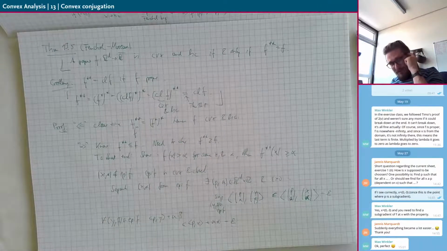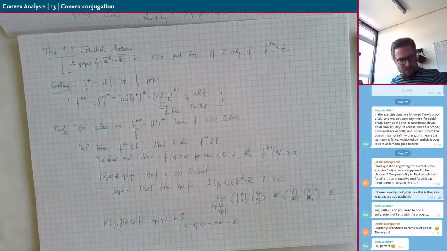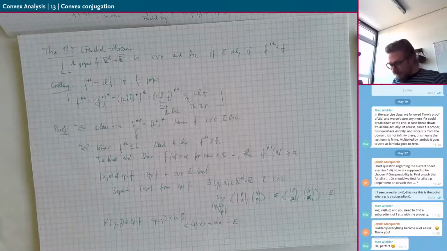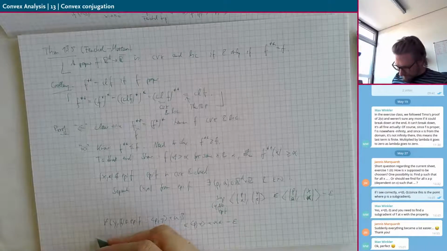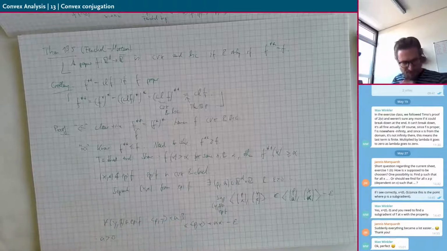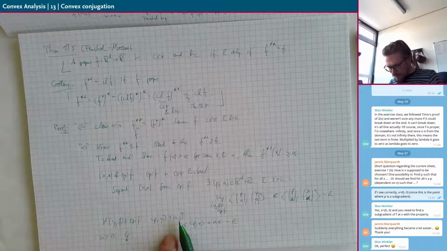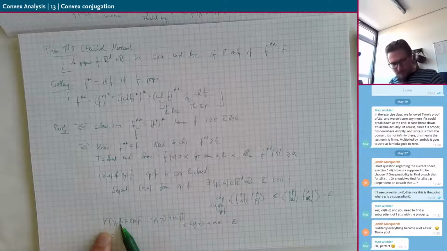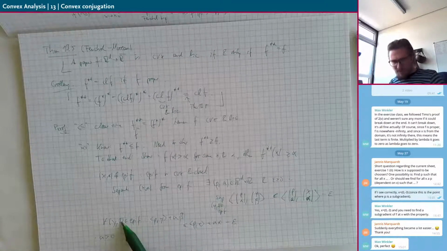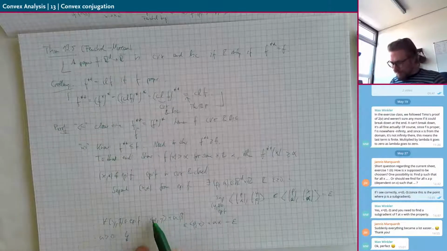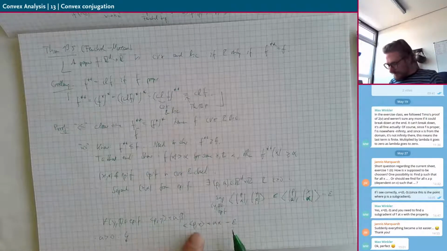And now comes something you already know. Can a be positive? If a were positive, you would have a contradiction, because then (y, beta) is in the epigraph, which means you can make beta arbitrarily large. You can make the left hand side arbitrarily large, but the right hand side is a fixed value.